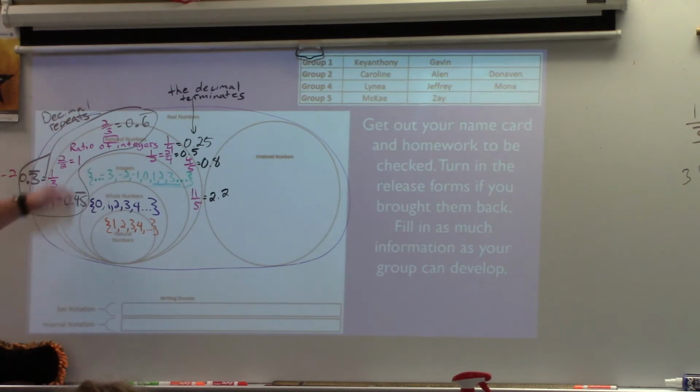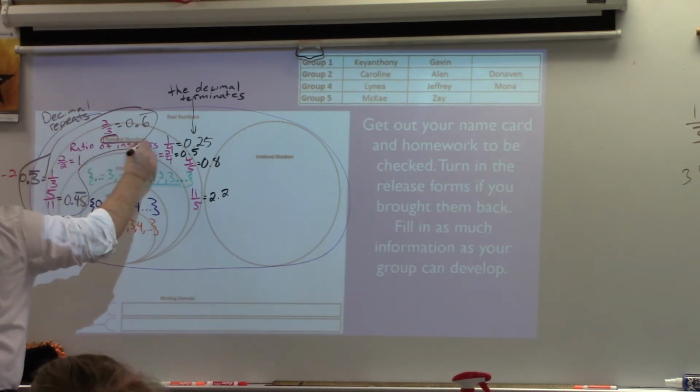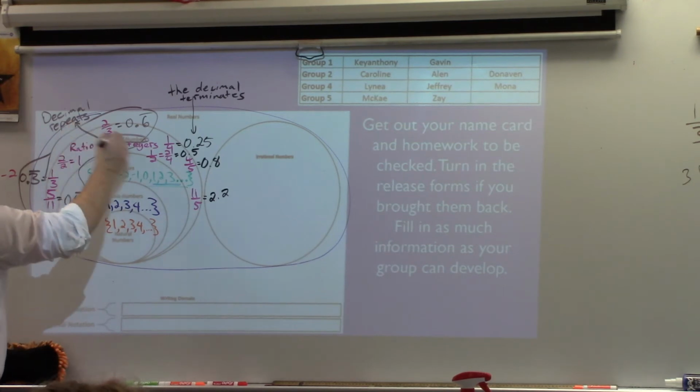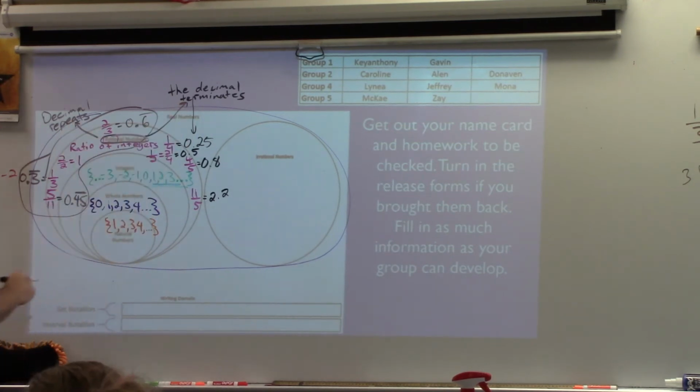Anytime you are dealing with a ratio of integers, a fraction, the decimal version of it will either terminate or it'll repeat. That's a definition you've probably heard in the past: for a rational number, the decimal either repeats or the decimal terminates.